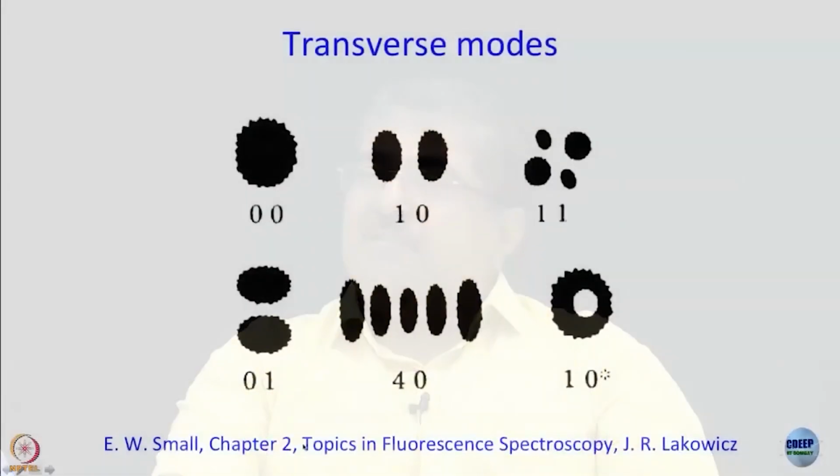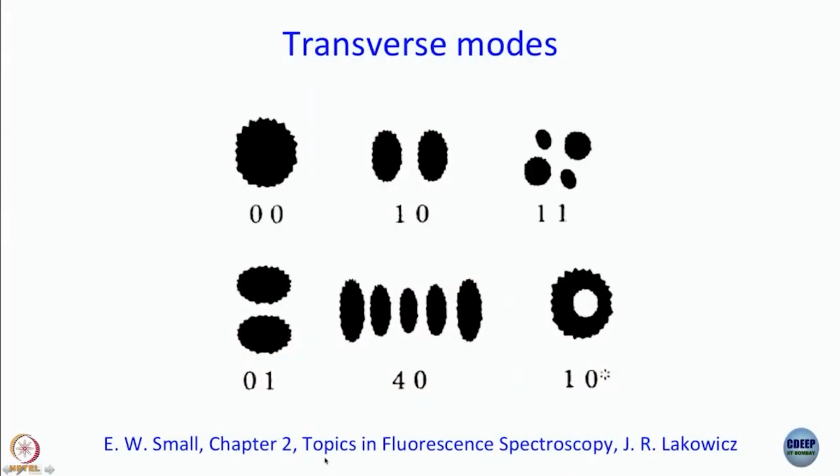So, as E.W. Small says in this chapter of J.R. Lakowicz's Topics in Fluorescence Spectroscopy. This is not the Introduction to Fluorescence Spectroscopy book. Lakowicz also has several volumes of Topics in Fluorescence Spectroscopy published long ago. There in chapter 2, E.W. Small says one man's 1-0 mode is another man's 0-1 mode.